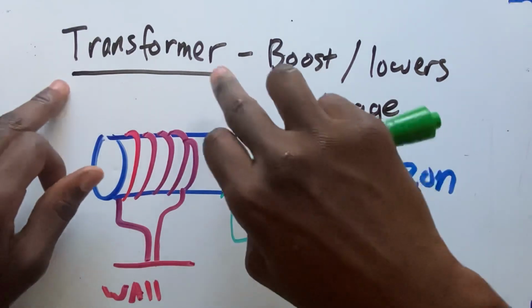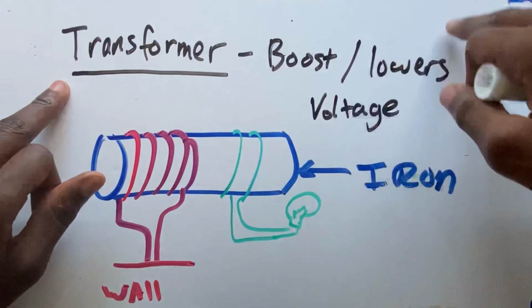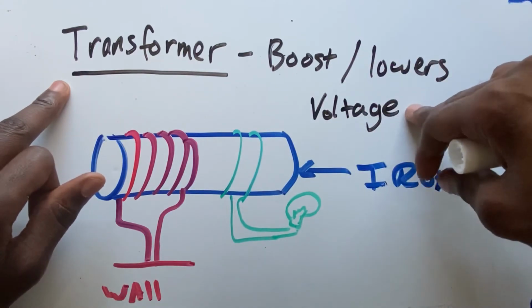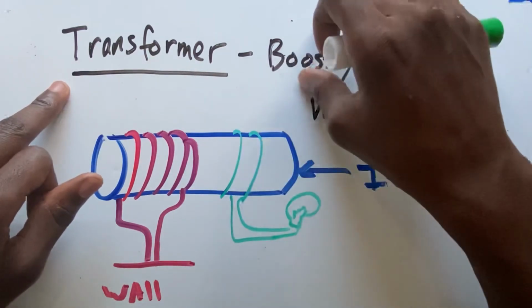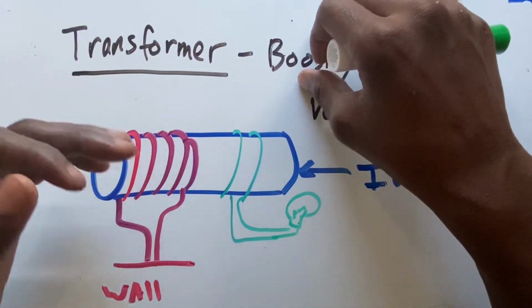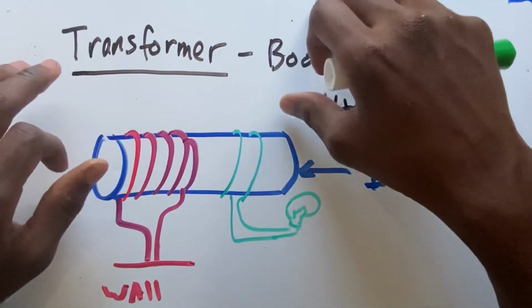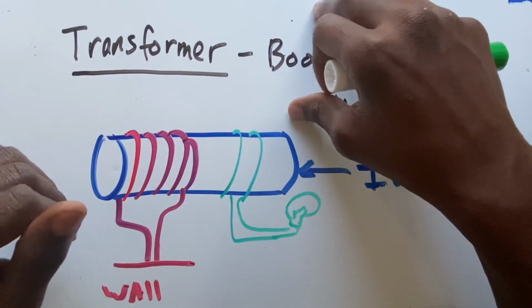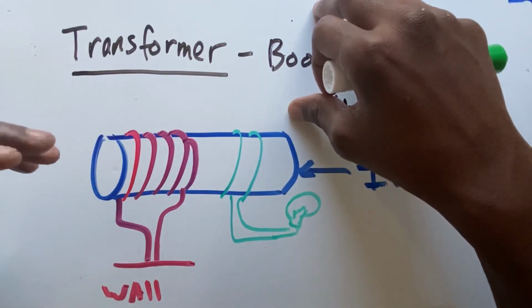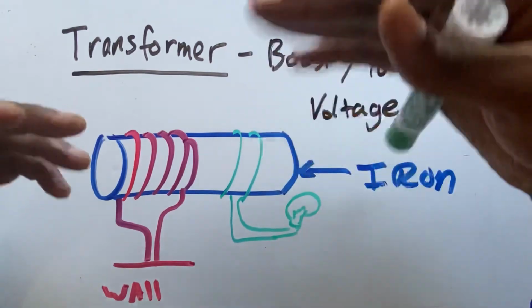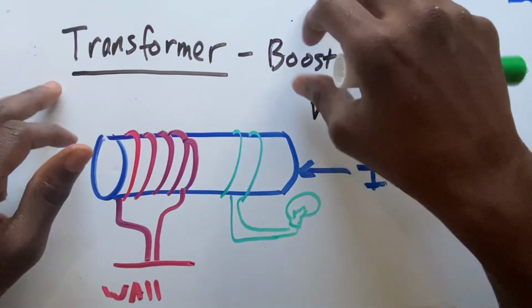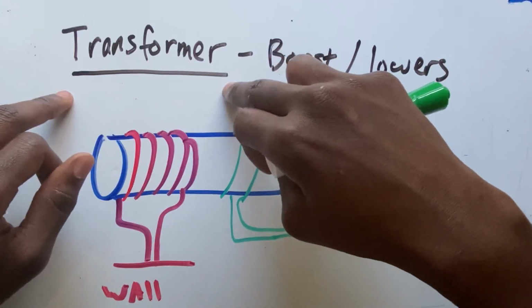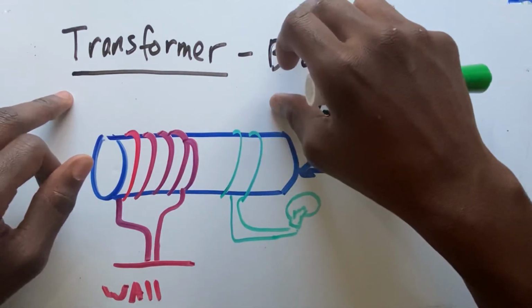So basically the whole point of a transformer is to either boost or lower the voltage. Well, this has to be the case sometimes because we know if there's too much current flowing through an object, like a light bulb, let's say, the light bulb could blow out, right? So we don't want too much current flowing through certain electrical objects, so we use transformers to lower the voltage.